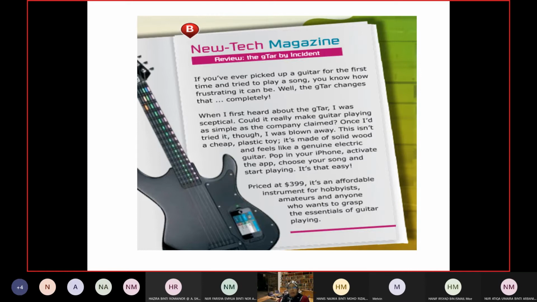Look at the second paragraph only. Can you find?